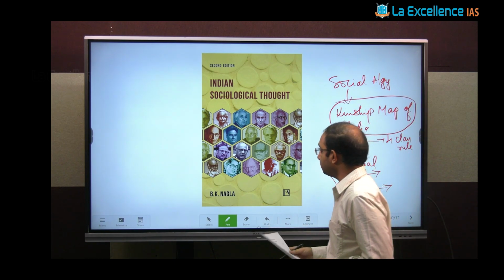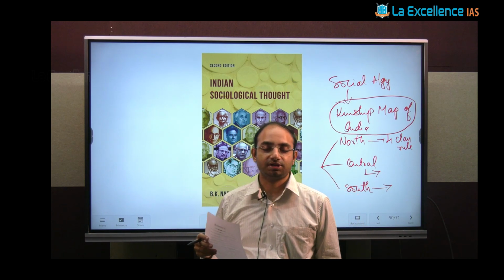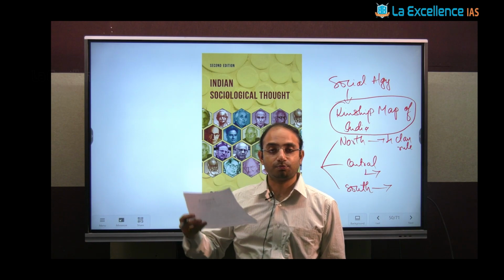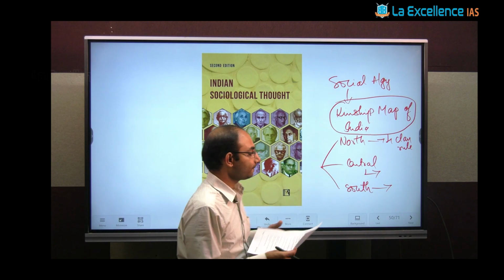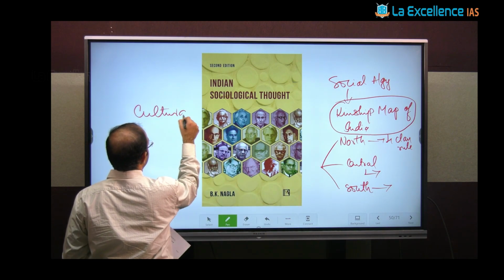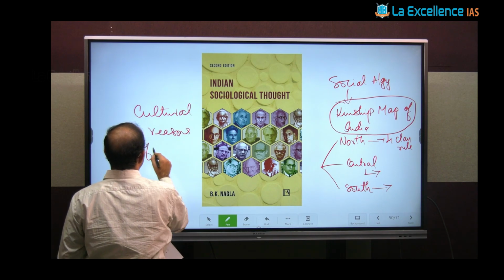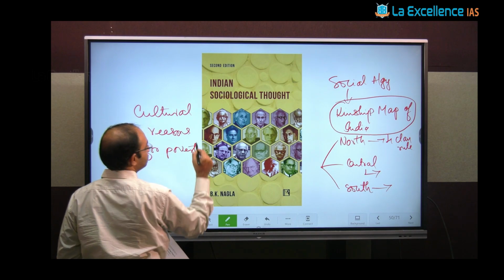So original that even Amartya Sen made multiple references to Aravati Karve's study to understand the cultural reasons for poverty in parts of India, why North India has more poverty than South India.